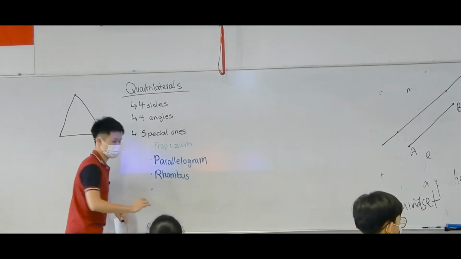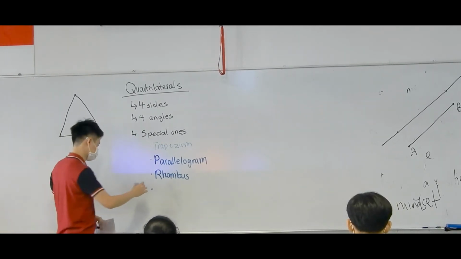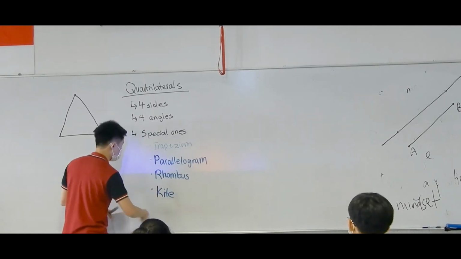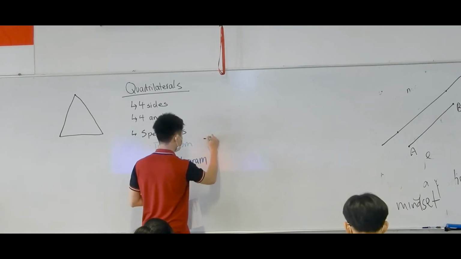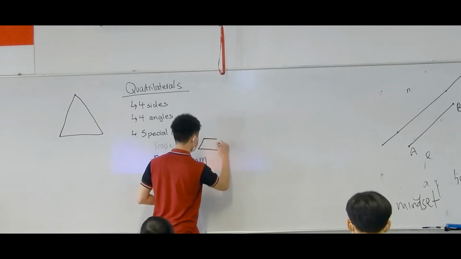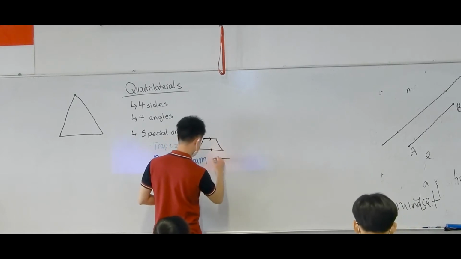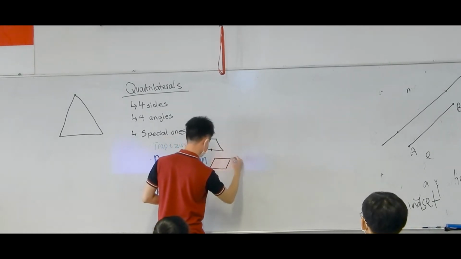Any more special ones? Kite. Okay, let me just quickly draw them. So trapezium looks like that. If you want to draw them quickly, parallelogram is something like that.